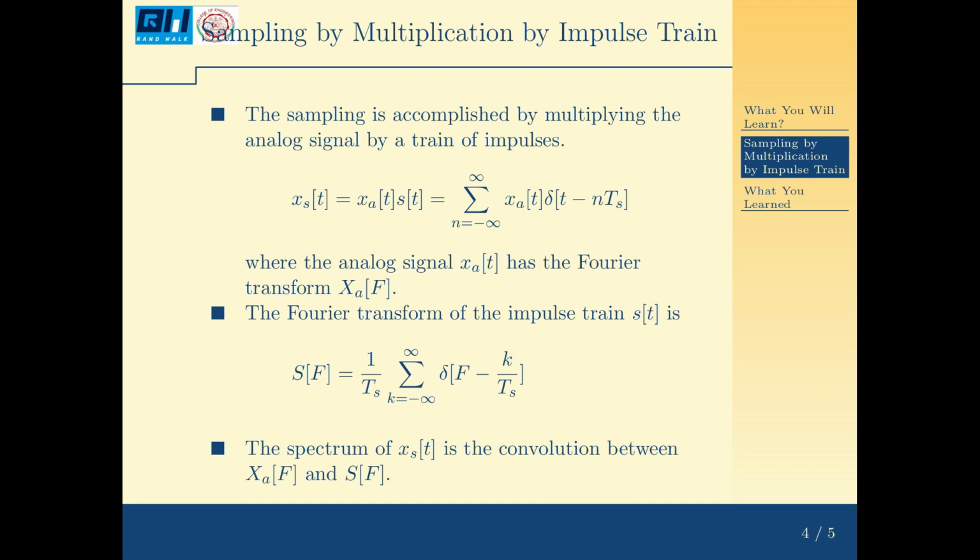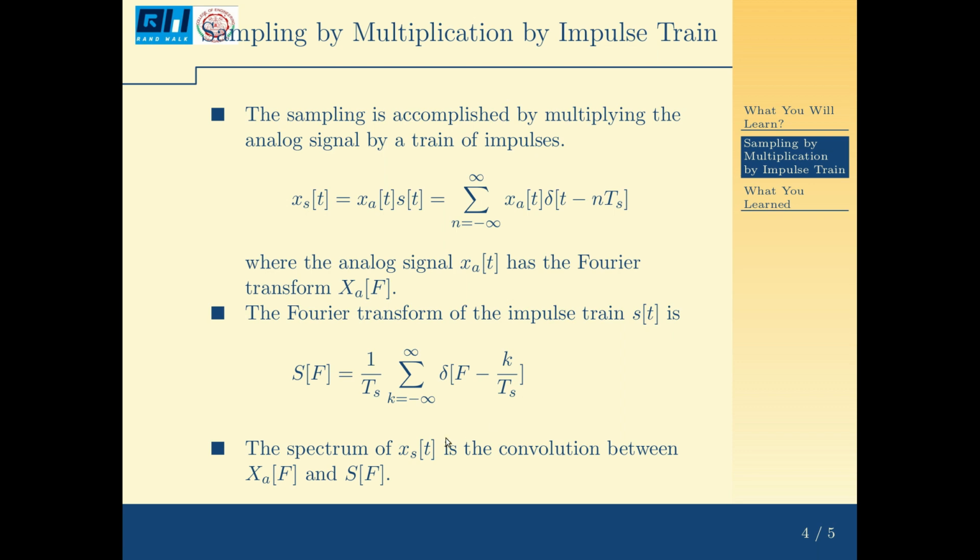We found that the Fourier transform of the impulse train s(t) is S(f) equal to 1/Ts times the sum over k from minus infinity to infinity of δ(f − k/Ts), because the Fourier transform of an impulse train is another impulse train in the frequency domain with a frequency spacing of 1/Ts, and the magnitude is divided by Ts.